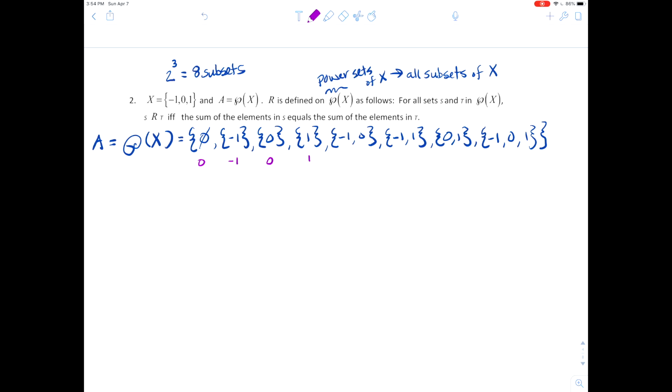The set -1 and 0 sums to -1 plus 0, which is -1. The set -1, 1 sums to, beautiful, 0. The set 0, 1 sums to 1. And the set -1, 0, 1 sums to 0. Cool so far? All right, I'll just put sum of elements.